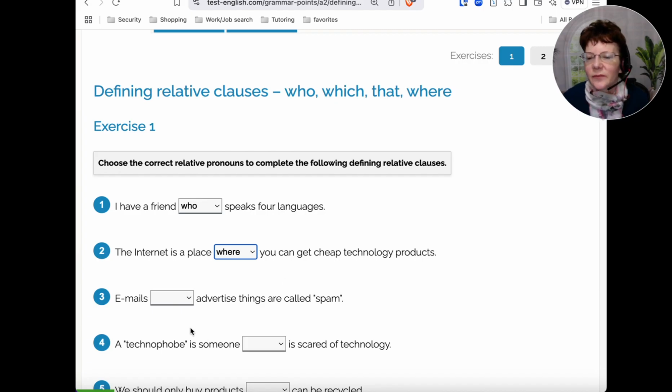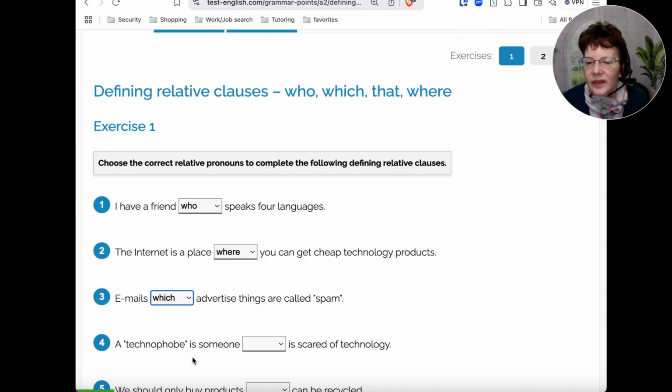Okay, number 3, emails who or where or which advertise things are called spam. An email is a thing, it's not a place. So if you chose which, that is correct.